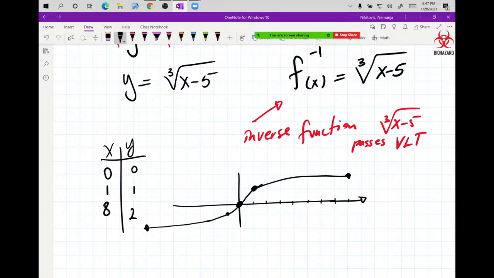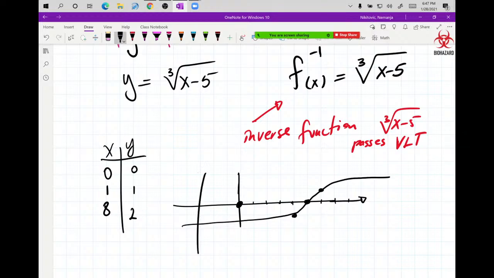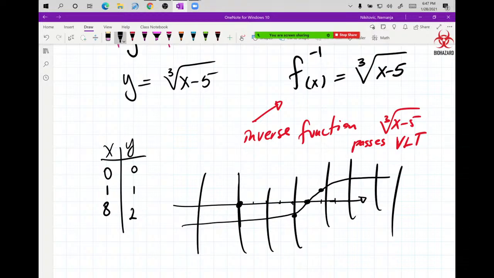And I know that I need to shift it 5 units, 1, 2, 3, 4, 5. So technically it goes there, so I don't need this. I need that. Oh, that passes the vertical line test. Now, all of these things happen in my head because I've been looking at this stuff for like 15 years.